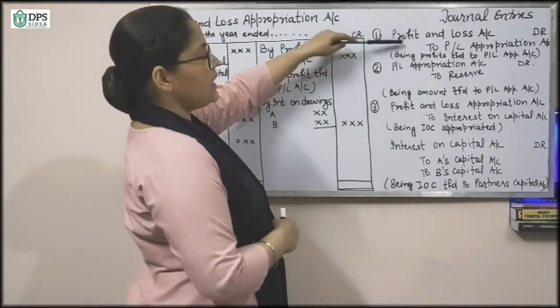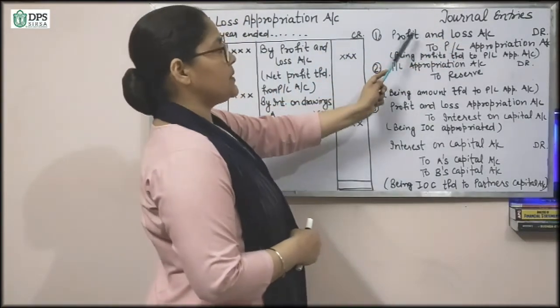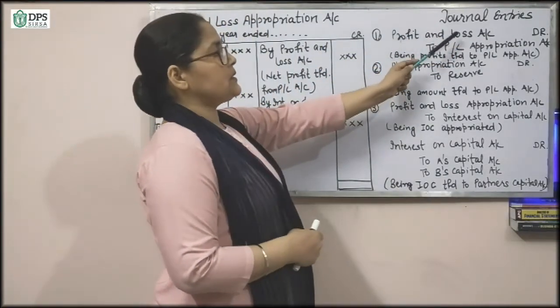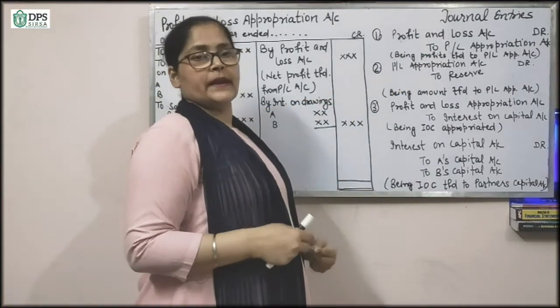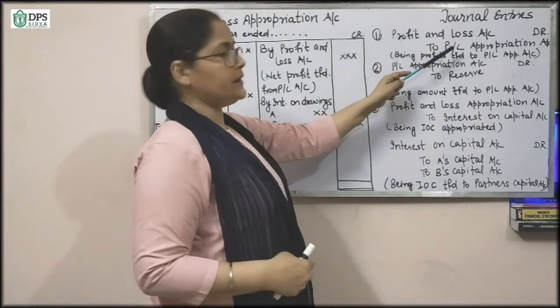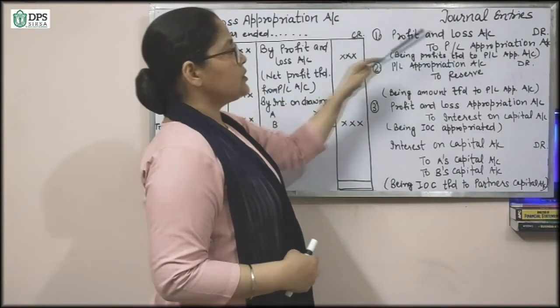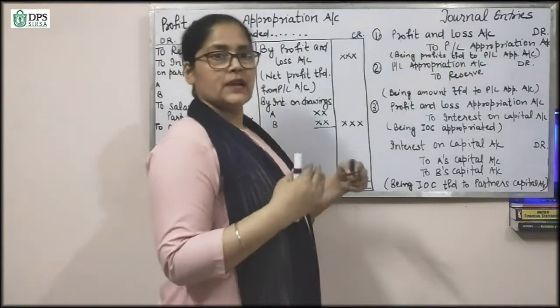We will write profit and loss account is debited. Why is it debited? Because if there is profit, the profit and loss account will show a credit balance. Profits are being transferred to the profit and loss appropriation account, so the profit and loss account will be debited because profits are decreasing.